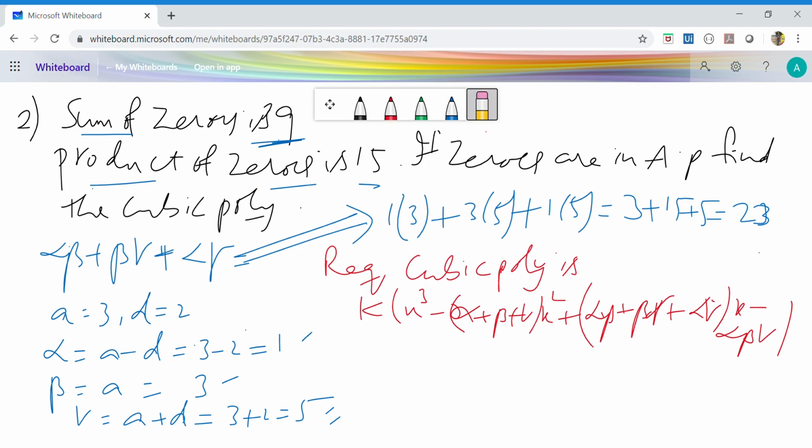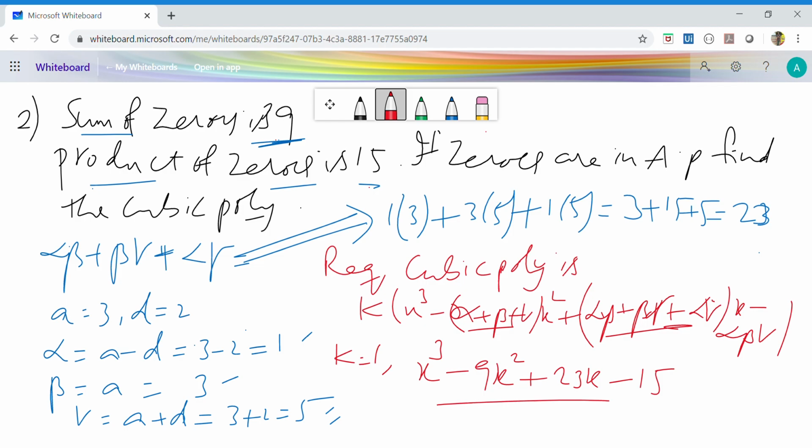Let us take k is equal to 1. If k is equal to 1, so x cube minus alpha plus beta plus gamma, which is given already as 9, 9x square plus, to find this we did all the sum, that is 23, 23x minus alpha beta gamma, which is 15.